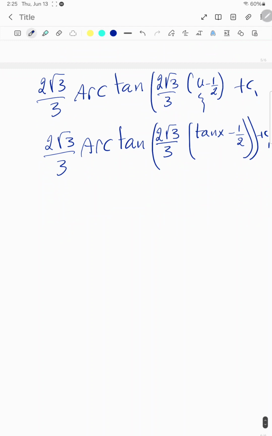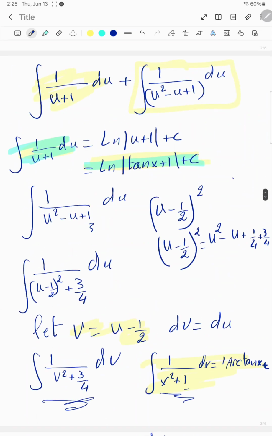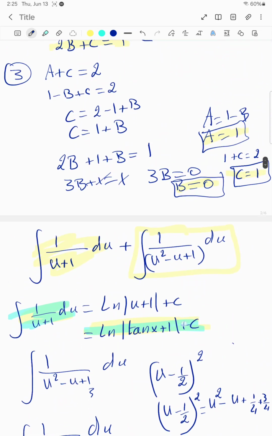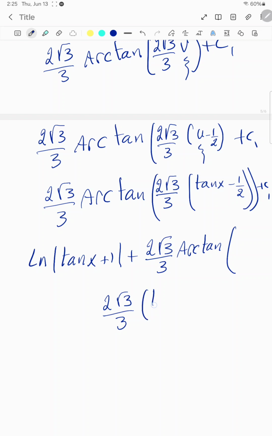So my integral answer becomes ln of tan x plus 1 plus 2 square root of 3 divided by 3 arctan of all that: 2 square root of 3 divided by 3 times tan x minus 1/2, plus c. And that would be the answer for that problem.